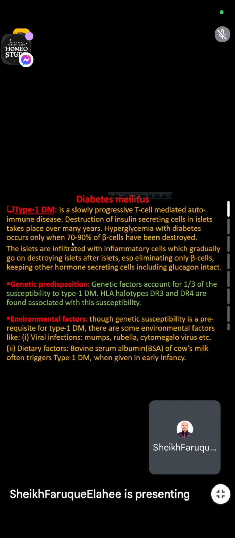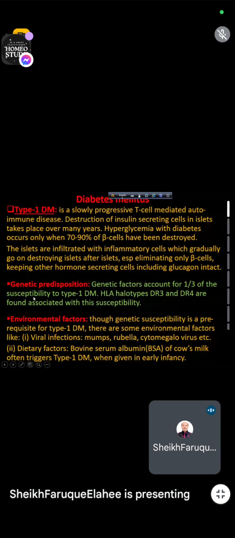So type 1 diabetes mellitus will not occur in 1 month or something like this. It takes some time, until his insulin producing beta cells are damaged more than 70 to 90%. Then he will have diabetes.